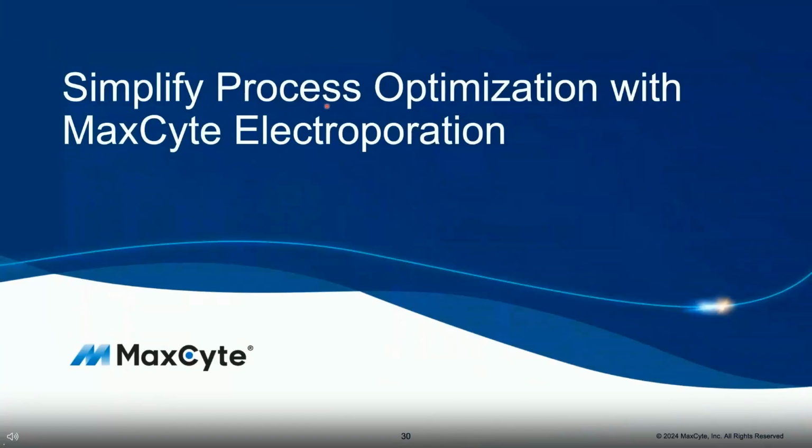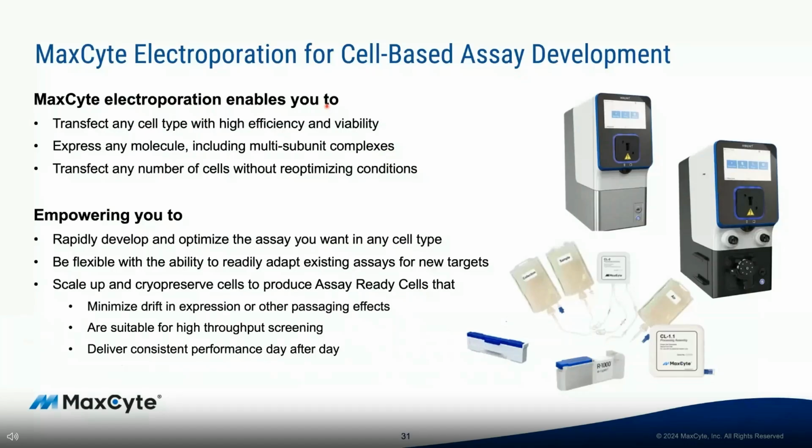So how to simplify the process of optimization with MaxCyte electroporation? You can use MaxCyte electroporation for cell-based assay development because you can transfect any cell and any molecule with a range of cells up to 20 billion cells.